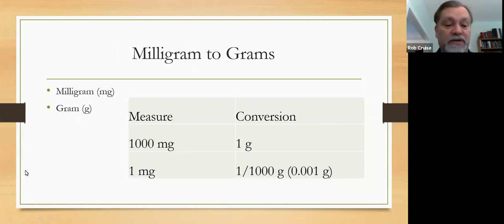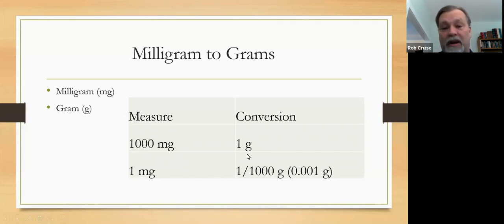Milligrams to grams. So in the metric system, it's fairly easy. Everything's pretty much the same thing. So you just have to remember what you're converting from and to. So you have 1,000 milligrams in 1 gram.